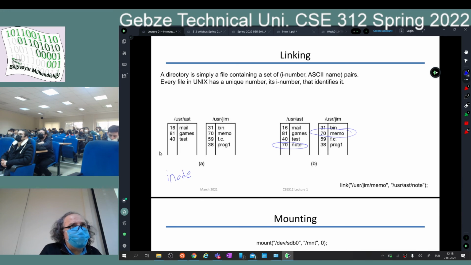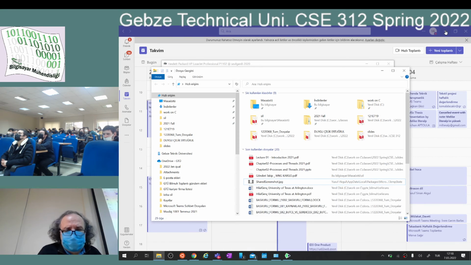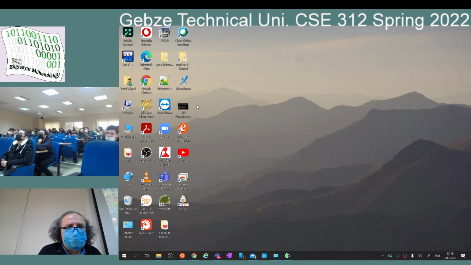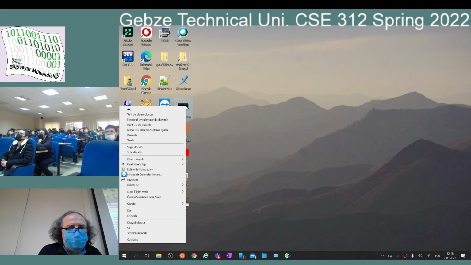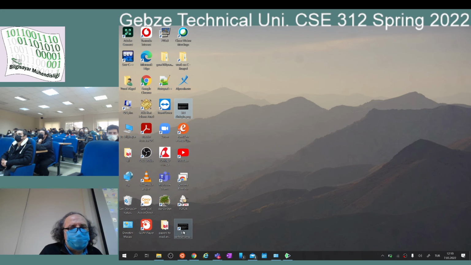Windows is kind of doing this with shortcuts, right? What do they call it when you try to make a link in Windows? Make a shortcut. When I make a shortcut, this file is not a copy of this one.